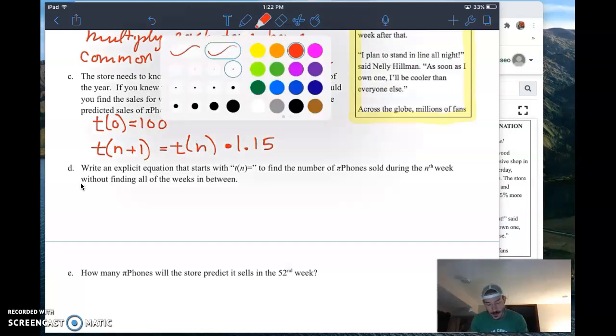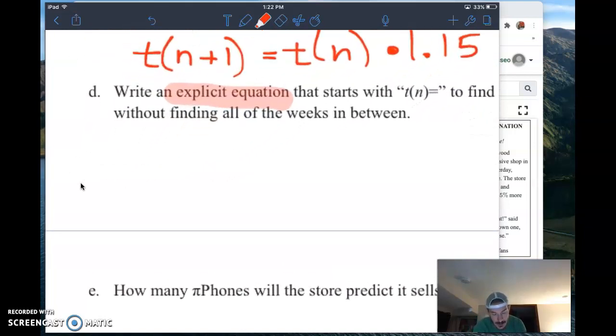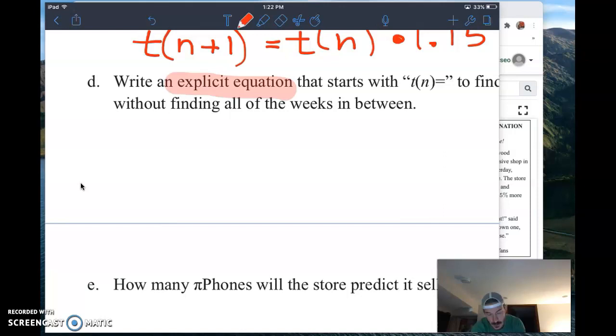Hence part D, where we get to write the explicit equation. Now the explicit equation is going to do exactly what I did to fill that table in. It's going to repeatedly multiply, and the explicit equation is actually not too bad. Let me show you a little bit of a pattern here using this explicit equation.